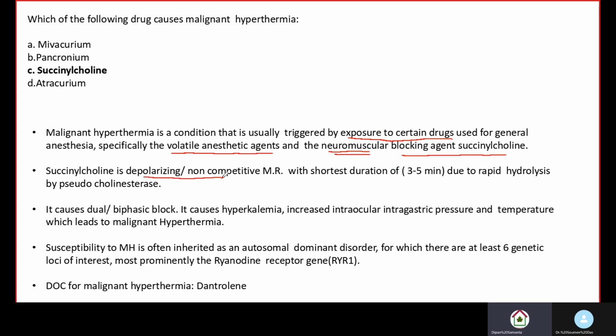Succinylcholine is a depolarizing, non-competitive muscle relaxant with the shortest duration due to rapid hydrolysis by pseudocholinesterase. MR means muscle relaxant.